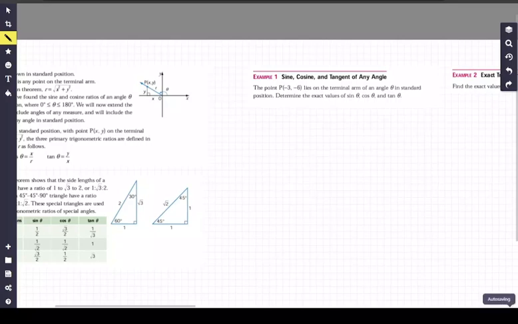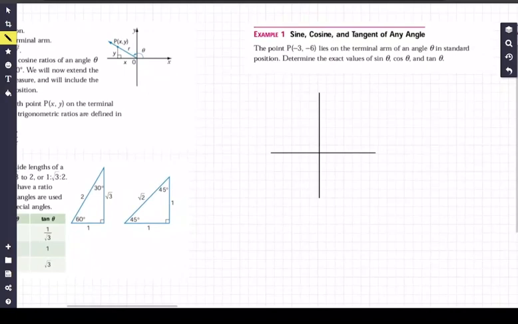So let's start with something here. This time instead of giving only cosine and sine, we're actually including tangent. Let's go ahead and draw -3 and -6 somewhere here. So we're going to draw a line here. This is -3, this is -6.